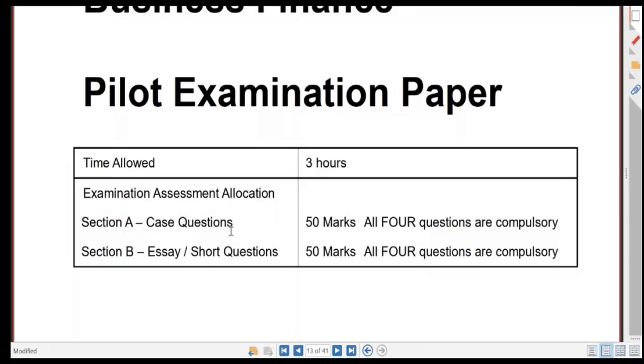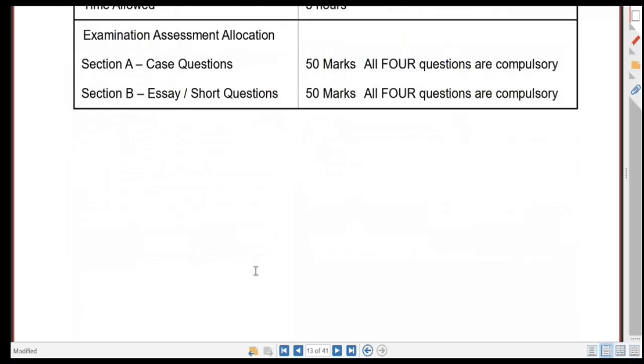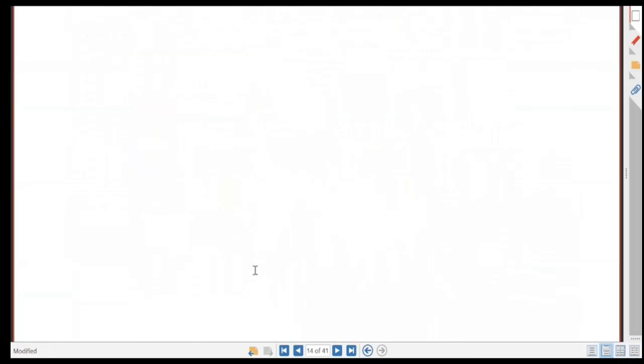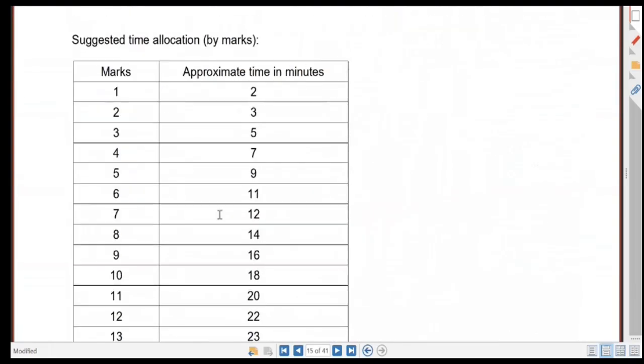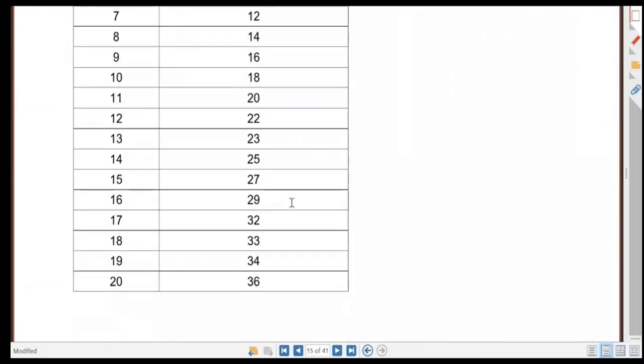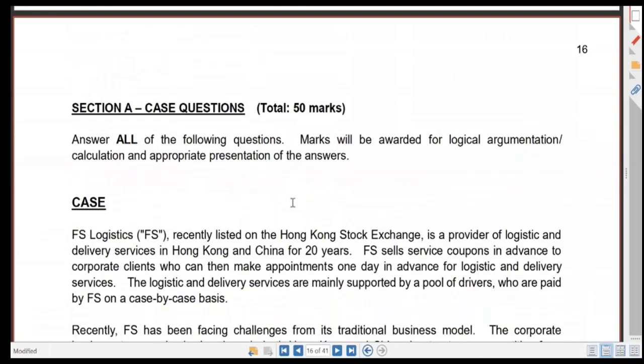Like I said, I divided into areas. Normally, section A consists of at least 2 to 3 areas, and then section B they are normally independent. They can also mix with other areas. Roughly, you will see it like this. So let's look at section A, and they give you the approximate time in minutes, but this is not important because in a question they also tell you the breakdown.